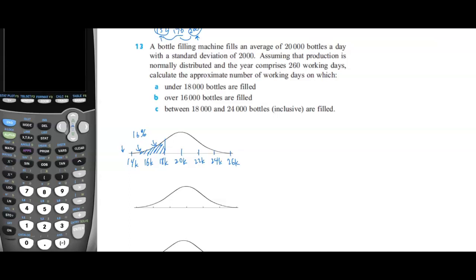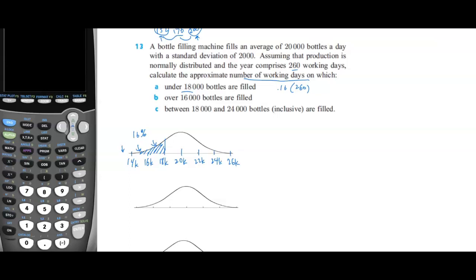They want to know the number of working days on which less than 18,000 bottles are filled. It would be 16% of the working days. How many total working days are there? We're going to take our percentage, which is 16%. How do we write in decimal 16%? Isn't it 0.16? And then we're going to multiply it times the total number of working days, which is 260, and that will give us the number of working days on which under 18,000 bottles are filled.